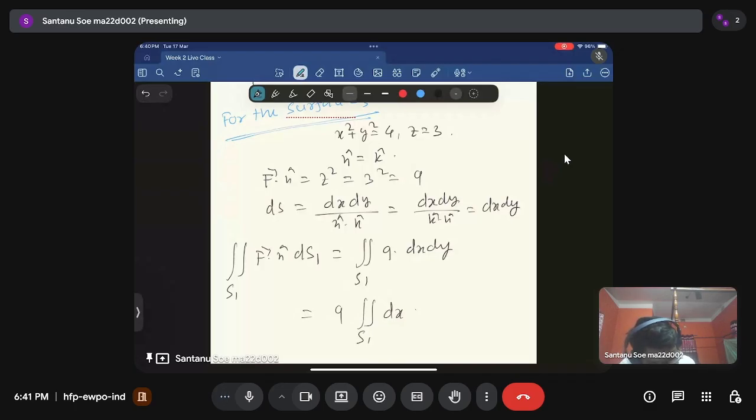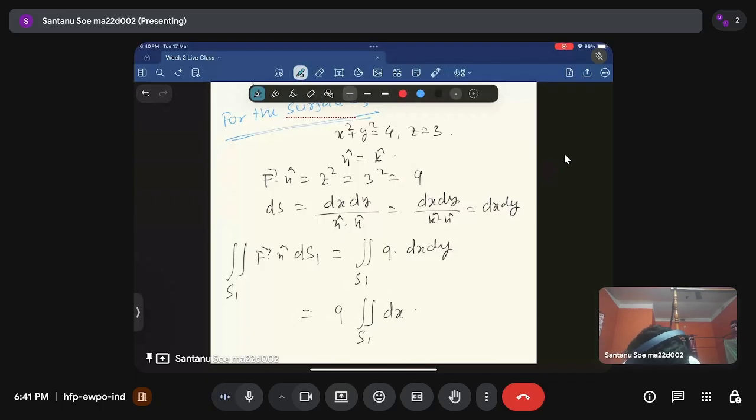For S1 this is 36 pi, for S2 this is 48 pi, and for S3 this is 0. So the total is 84 pi, and this is the same as the right hand side.